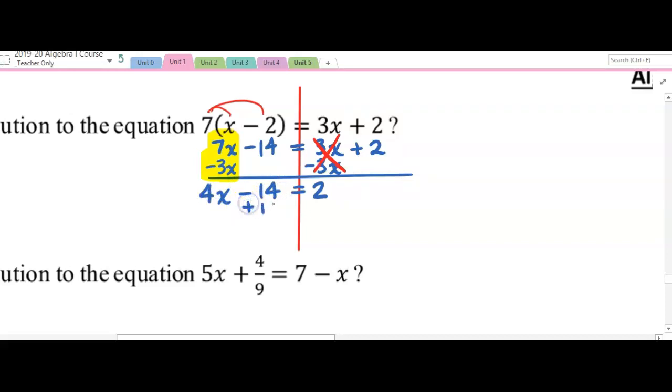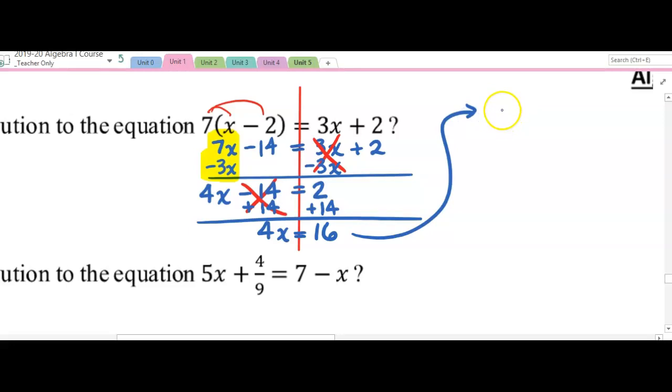Next, I'm going to add 14 to both sides. Again, they cancel out. I'm trying to get x isolated. So I have 4x equals 16. The only thing left to do is to divide by 4. So x equals 4.